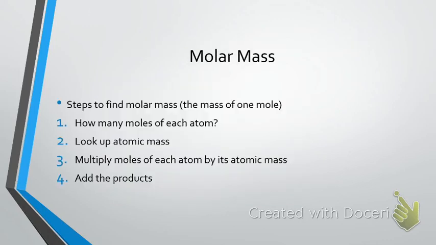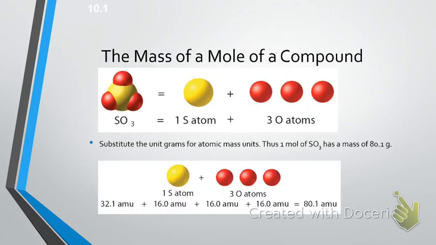These are the steps to calculating molar mass, same as atomic mass. We'll do an example next. So if we need to find the molar mass of sulfur trioxide, we know we have 1 sulfur atom and 3 oxygen atoms. We use our periodic table to find the atomic mass, molar mass of sulfur and oxygen.